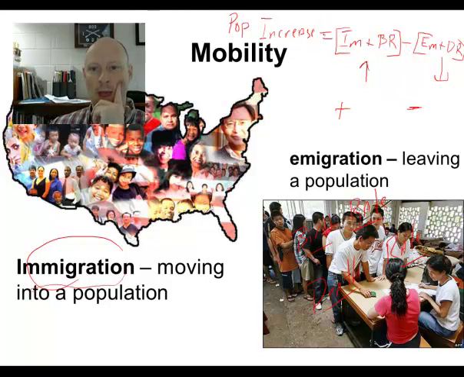So for a population increase, this has to be a larger number than this. This just kind of makes sense, putting it in a little mathematical equation. For a population decrease, I would have this larger than this. My emigration and my death rate would be larger than my immigration and birth rate added together, and that would cause a population decrease. So those are just a couple of ways of looking at that mathematically.